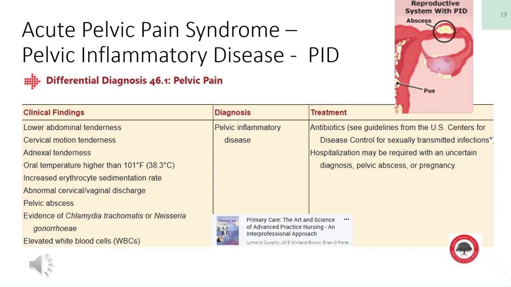PID is a serious health problem which can lead to poor long-term health outcomes such as chronic pain, infertility, and ectopic pregnancy. These patients need antibiotics and may require hospitalization if the diagnosis is uncertain, there is a pelvic abscess, there's a pregnancy, or severe illness.